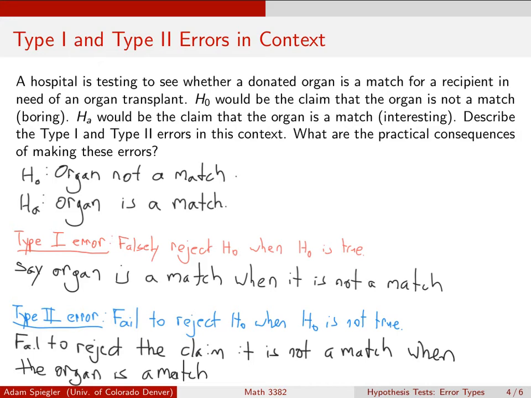Okay, so let's consider in the context here what might happen if we were to make these mistakes. So again, I'm not saying that either one of these errors is fine. We don't want to make errors. But if we consider the two types of errors here, if we say that the organ is a match when in fact it's not a match, this is an extremely bad situation.